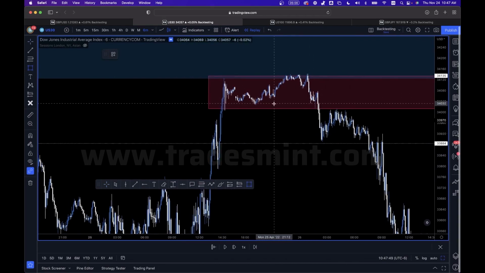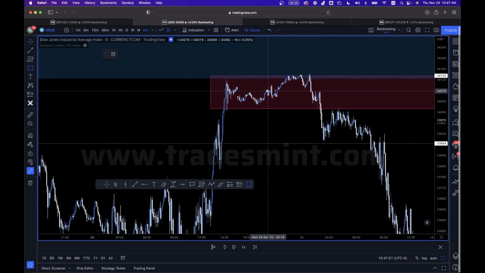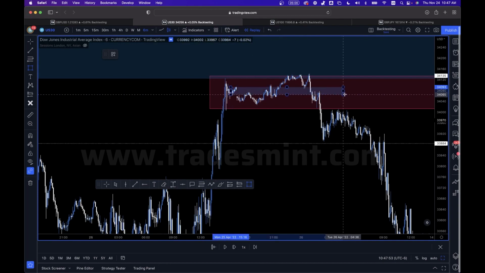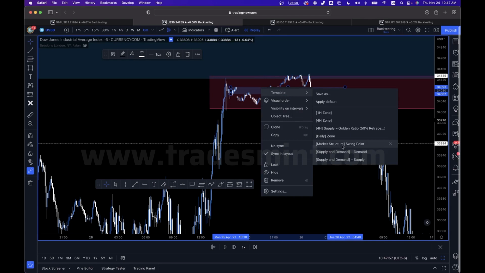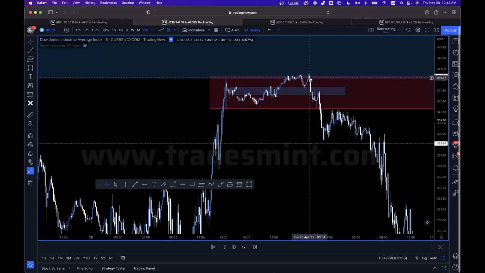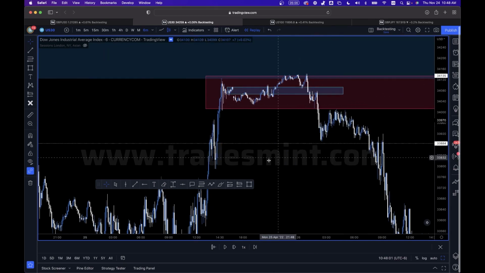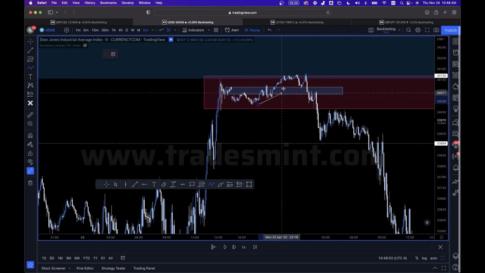So once price came into this zone, what we're going to see here is we have a break of structure here on the 15-minute. Boom. Broke structure right there. So price is going up. Boom. Broke structure.